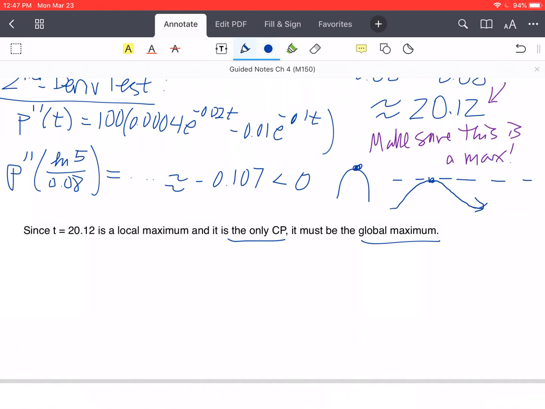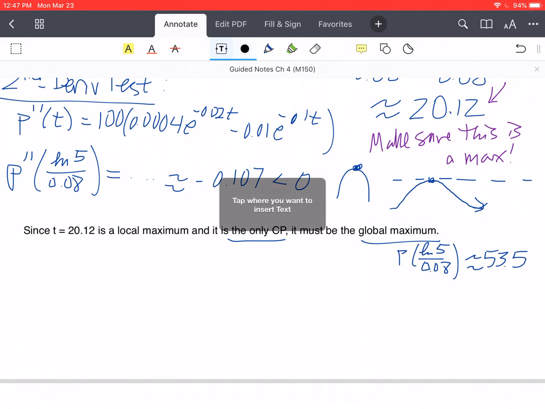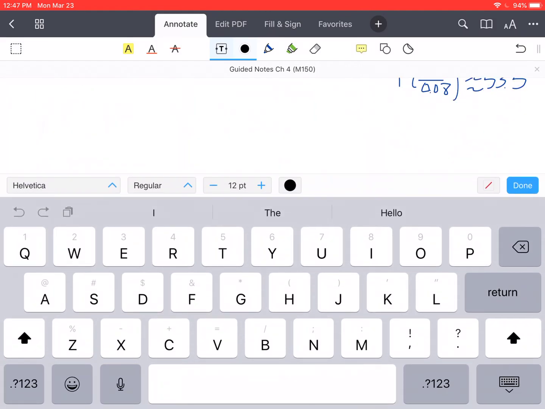And then the rate itself, P of ln of 5 over 0.08, is approximately 53.5, so that we can answer the question in context, because we do need to answer these questions in context.